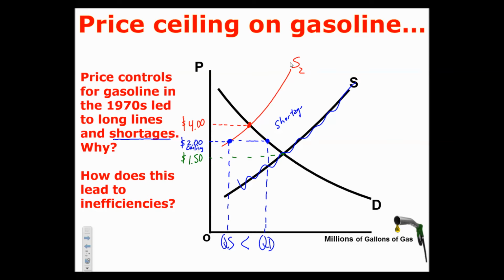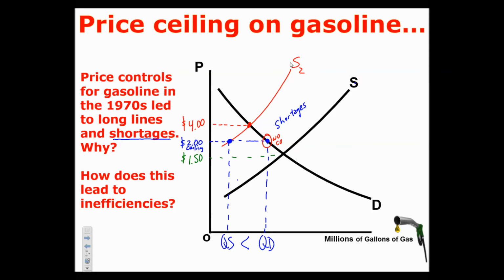And shortages lead to long lines, and it also leads to many people not getting the gas that they wanted. Now, why is this considered inefficient? The reason is that at a $2 price, with this amount of quantity demanded, there is no incentive to conserve.